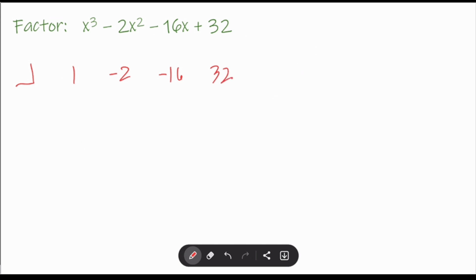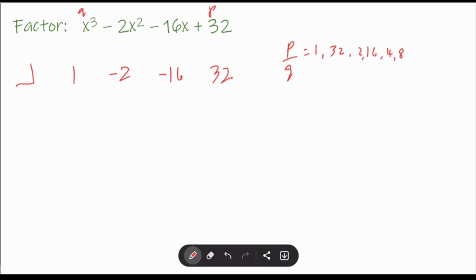All right, so the p over q here, so this is p and q. So q is 1, so you may not put the denominator anymore, because 32 divided by 1 is just itself. So the factors can be 1 and 32, because 1 times 32 is 32, 2 and 16, and 4 and 8.